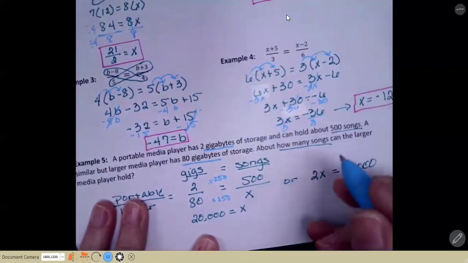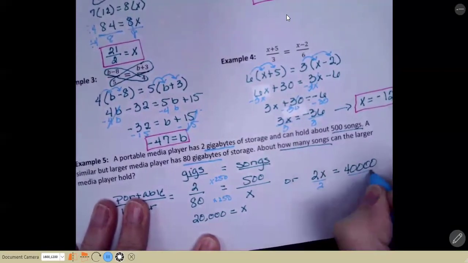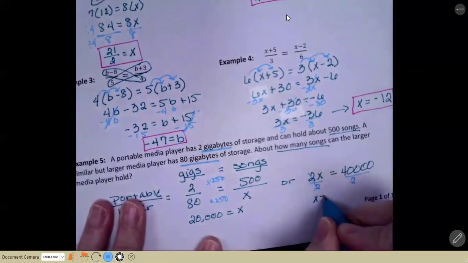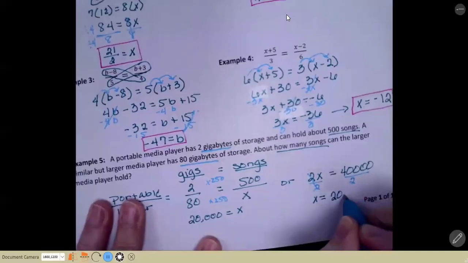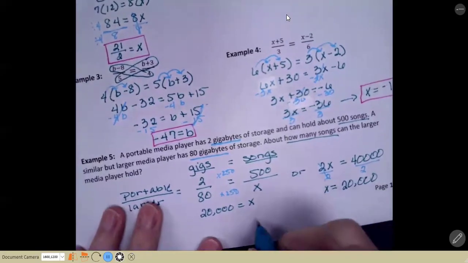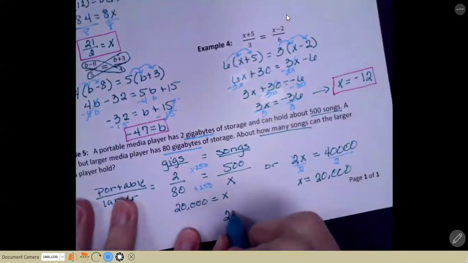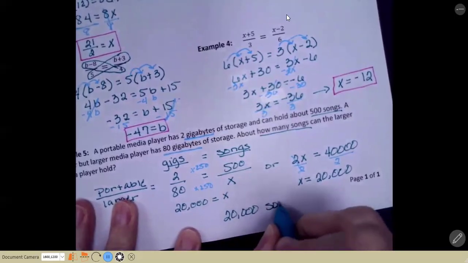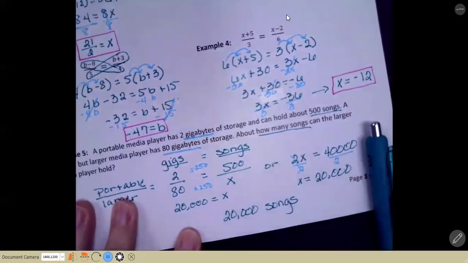And then divided both sides by 2 to get X equals 20,000. Either way works. Now, this is not your answer that I want to see on your homework, and some of you are not putting the units, but your final answer should be 20,000 songs. That's your final answer. Okay?